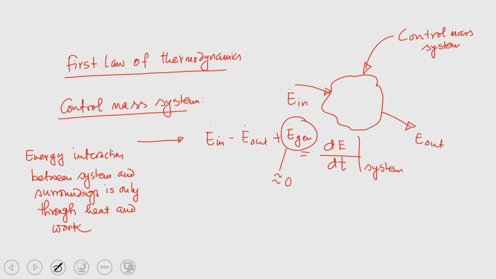So, only through heat and work, that means E dot gen equal to 0.